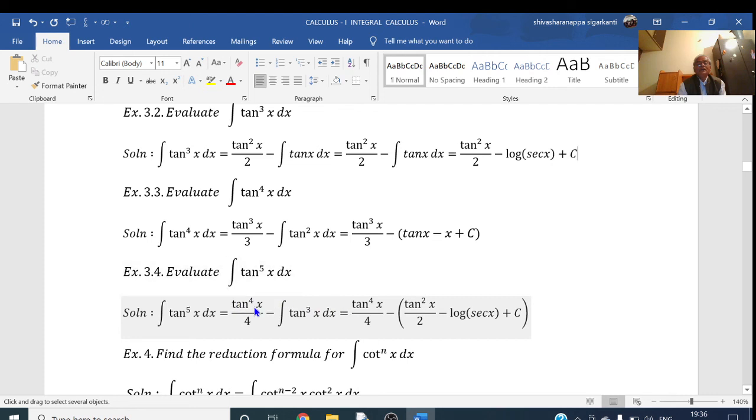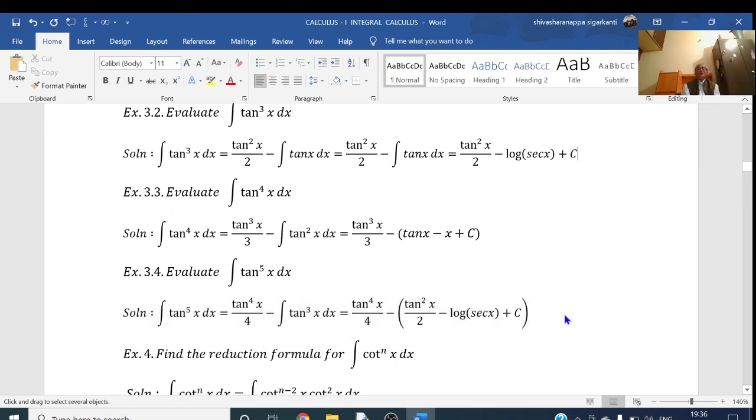This is equal to tan x to the power of 4 divided by 4 minus the integration of tan cube of x. I have the integration of tan cube of x equal to tan square x by 2 minus log of secant x plus c. I am substituting for this integration.